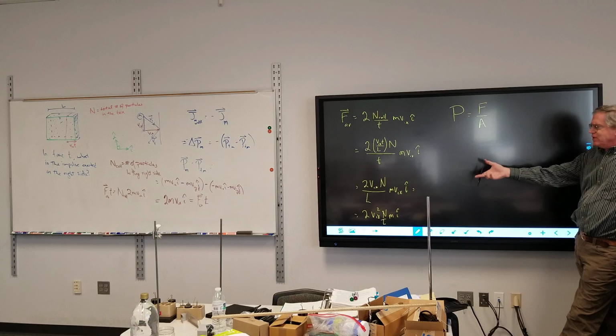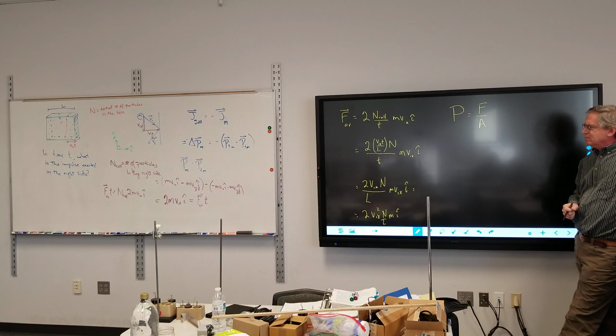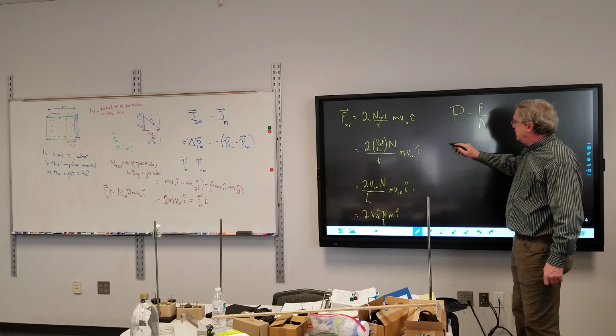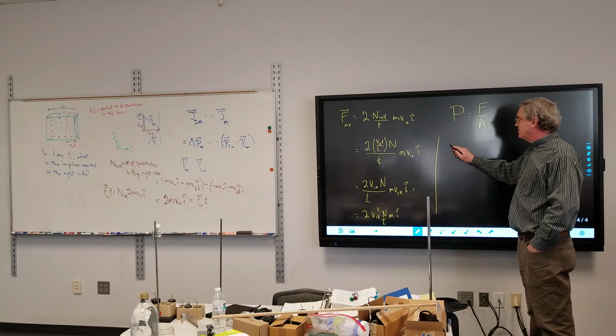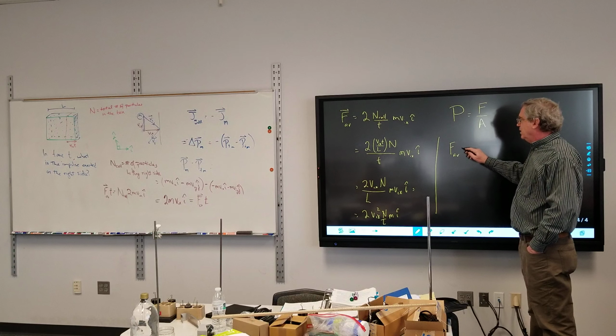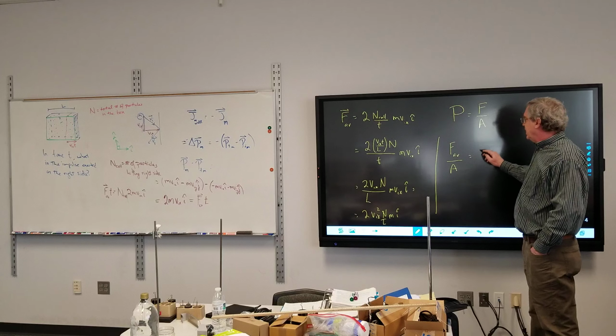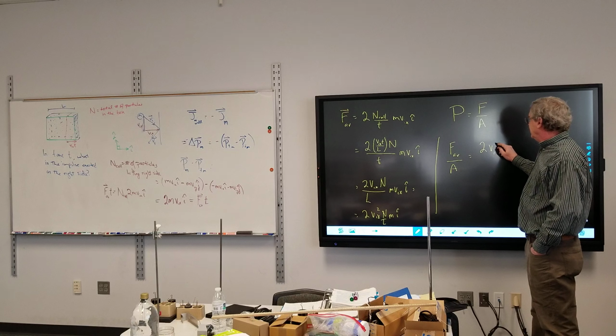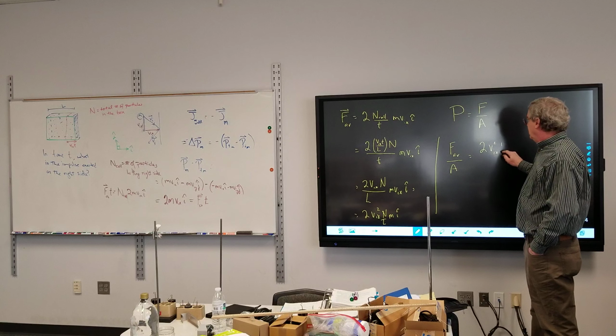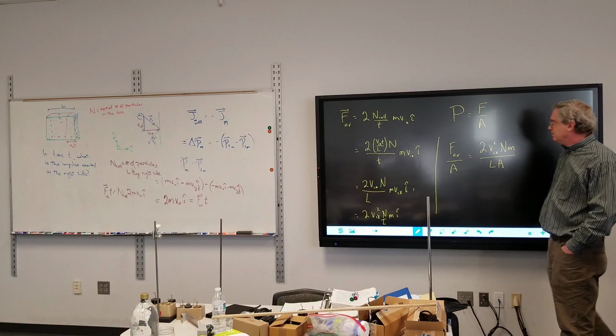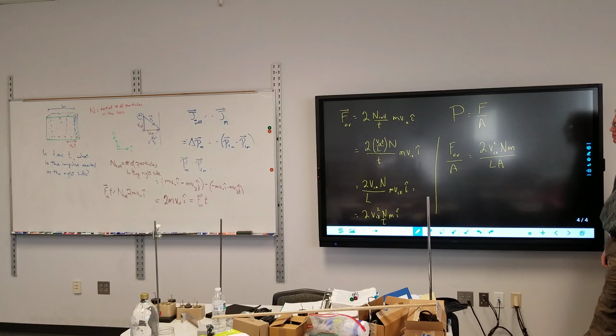So I have this force acting on the right-hand side there. I'm just going to drop the vector notation here. It's just sort of a nuisance. This is the force against the side, the average force against the side. If I divide by the area, then I have 2 m v_ix squared N over L A. And what is L times A? Length times area is volume.